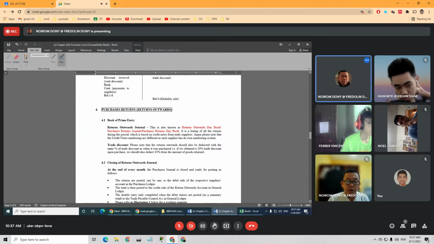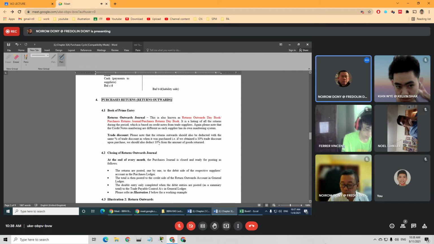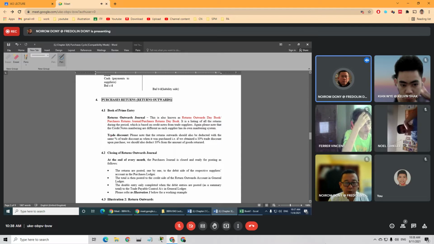Regarding trade discount, please note that the return outward should also be deducted by the same percentage of trade discount as when it was purchased. If we obtained a 10% trade discount upon purchase, we should also deduct 10% from the amount of goods returned. What does it mean? When we have a return, normally the transaction will not indicate there is a trade discount.